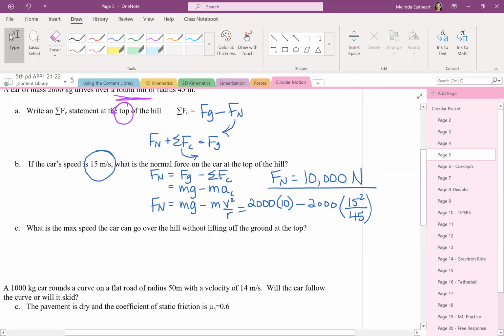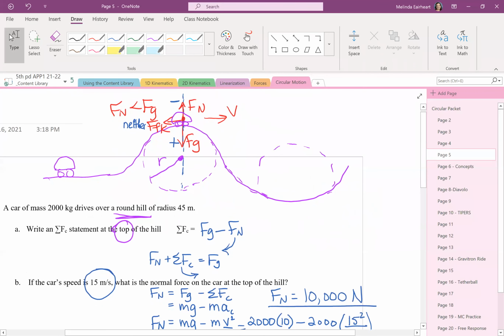And so max speed at the top of the hill, wait a second, our ball and a string, it was a minimum speed. So again, you can't just memorize and think all circular problems are the same. Max speed, if you slow down, you don't come off the ground. If you go too fast, you really come off the ground.